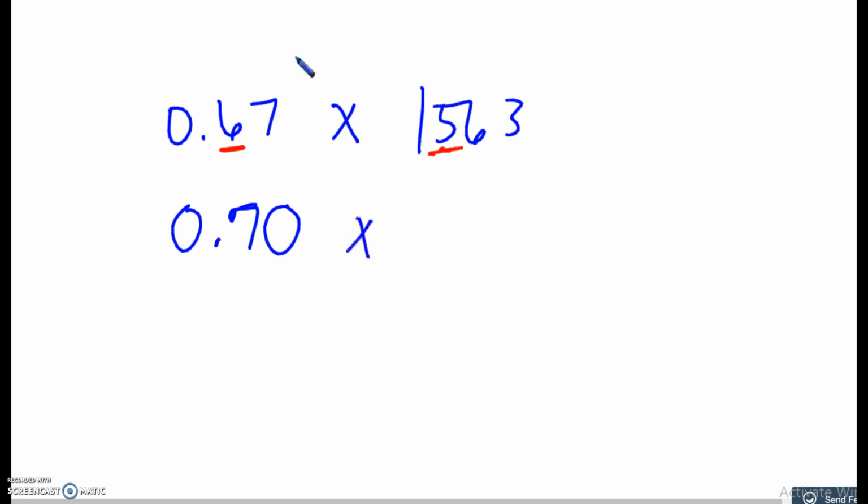And then we want to round this number, 1,563, to the nearest hundred. The 6 that is to the right of the 5 is larger than 5, so we need to increase the 5 to a 6. So this rounded to the nearest hundred would be 1,600.